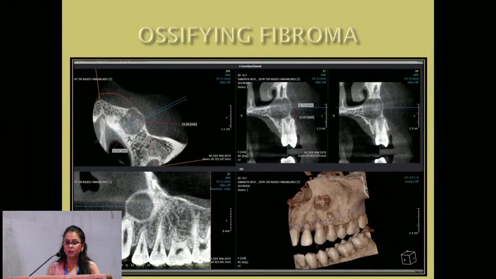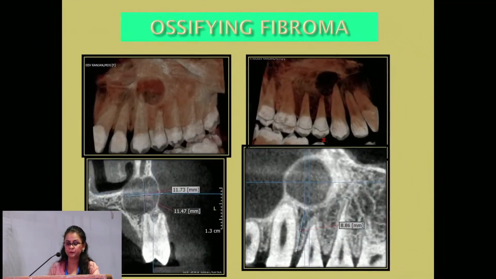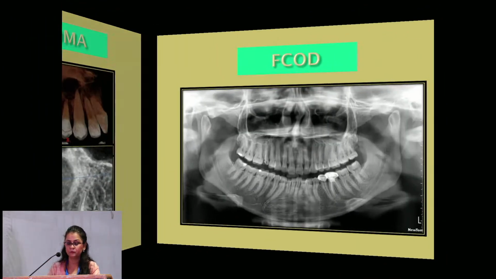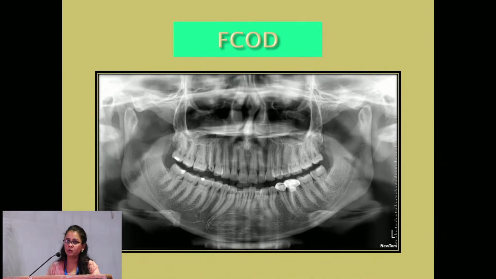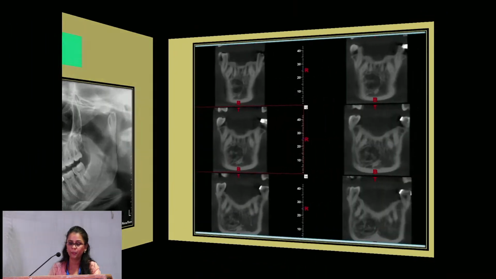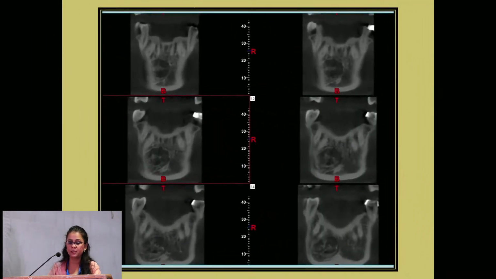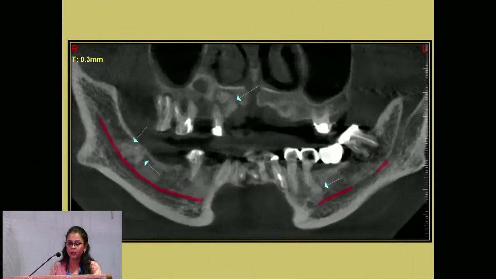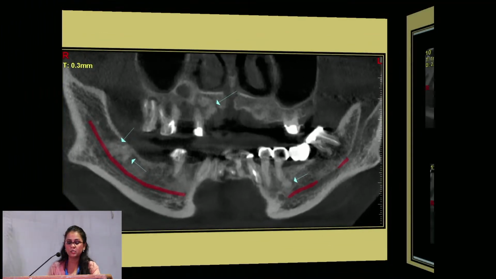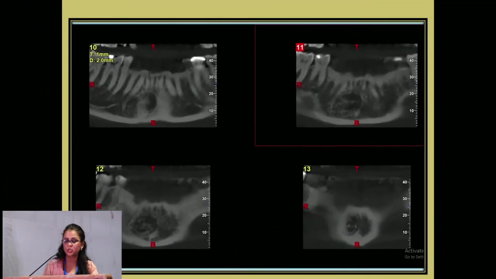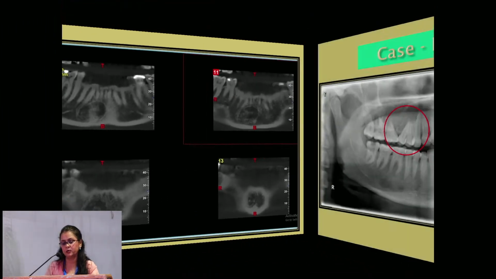This was a case of ossifying fibroma. Some cases are diagnosed radiographically, some cases need a histopathological diagnosis also. Florid osseous dysplasia. So these are all lesions that you come across, and you should know the physiological aspect to come to a pathological diagnosis.